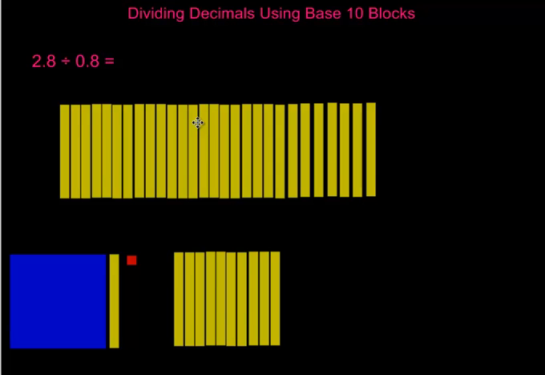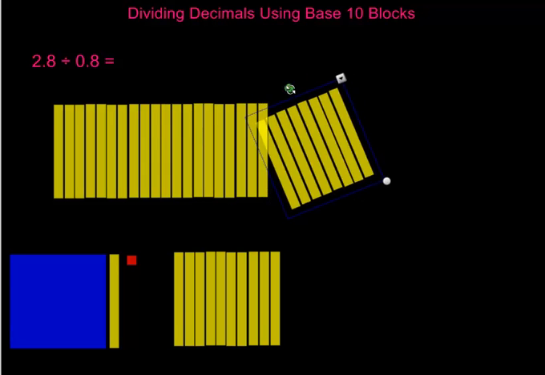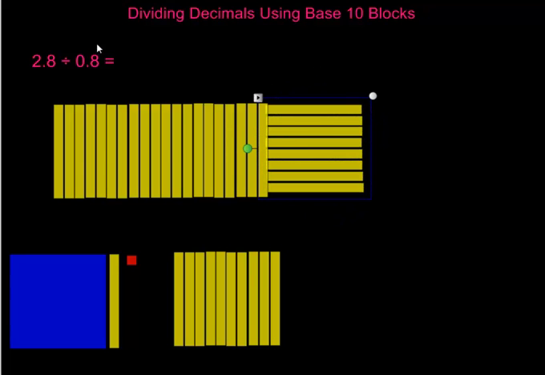The next thing we do is take these blocks and rotate them so that they are the same as our width of 0 decimal 8.